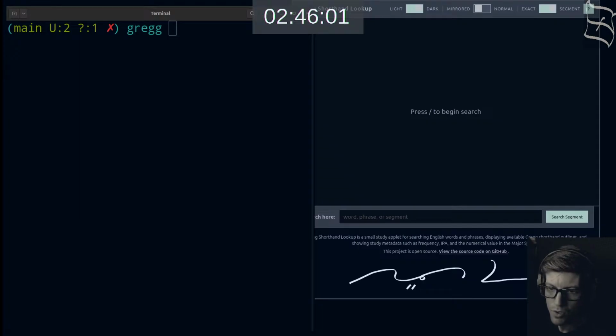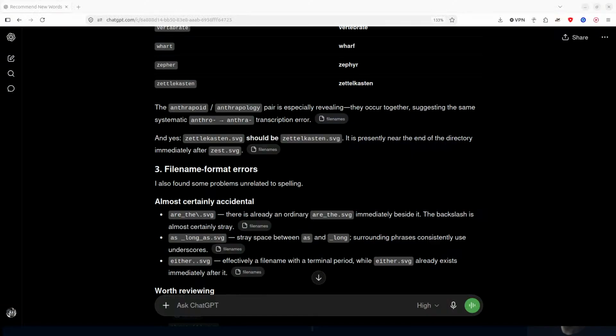Let me go here to Gregg, and I'm going to add another source, and it's going to be another window capture. Screen capture, there we go. And add a new screen capture. We're going to add this window here, okay?